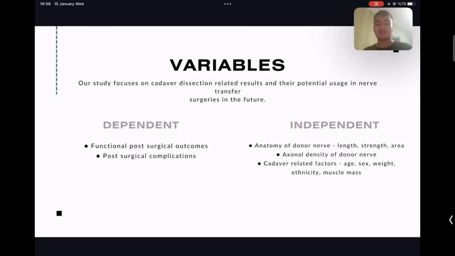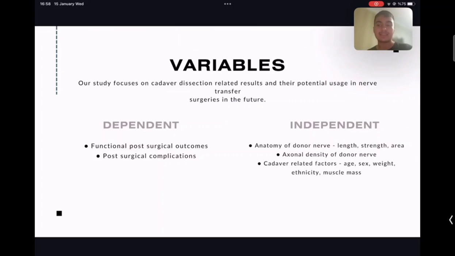For example, our dependent variables are functional post-surgical outcomes and post-surgical complications. They are dependent variables because in cadaver dissection, these parts are mainly impressive. So the independent part is anatomy of donor nerve: length, strength, area.